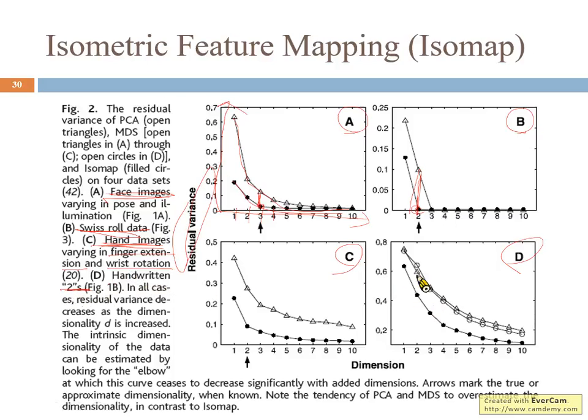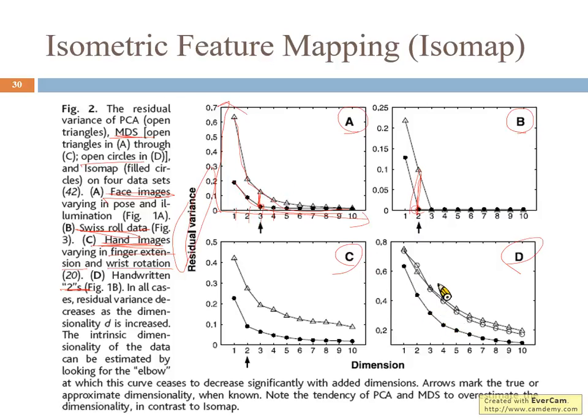Here again the solid circle is ISOmap. The open circle here is the conventional MDS. The open triangle here is PCA. And again, we can see the effectiveness of ISOmap.